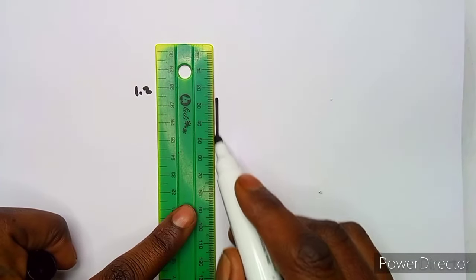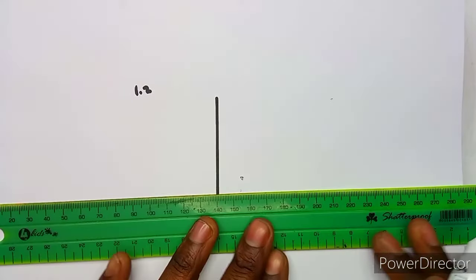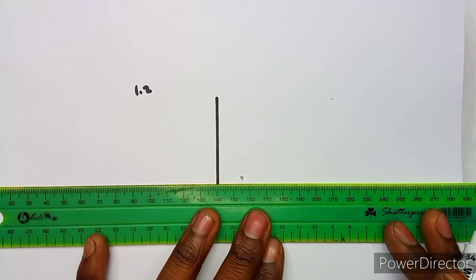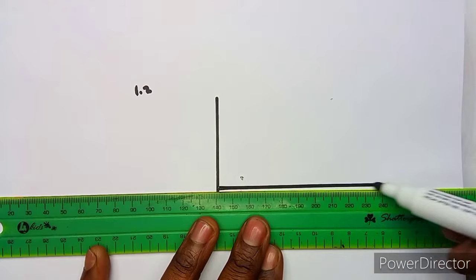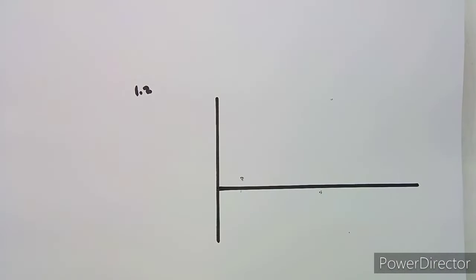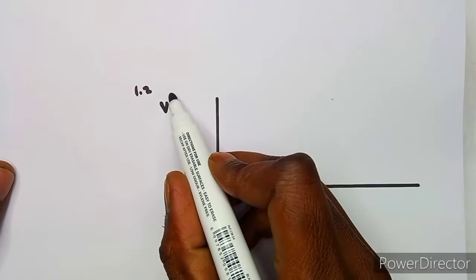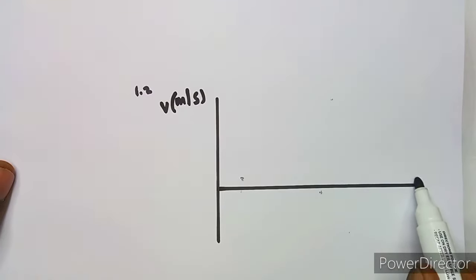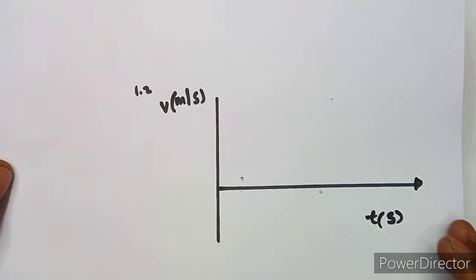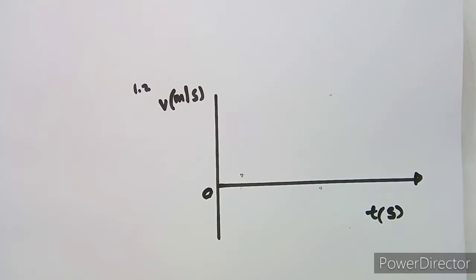So this is what you're going to have: our velocity, which is measured in meters per second, and this axis is for the time, which is measured in seconds.